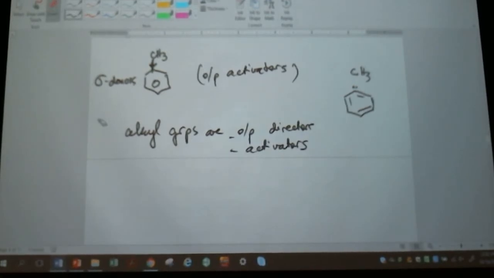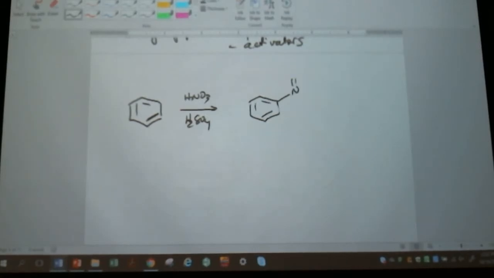So when do we get meta? All right, so let's say that I put a nitro group initially. A nitro group looks like this. Would this be an electron donor to the ring or an electron withdrawing group?